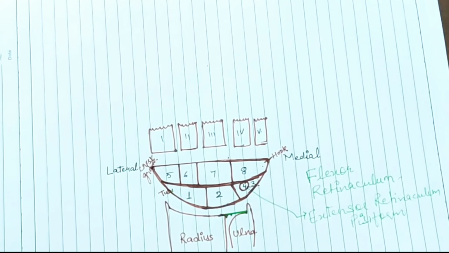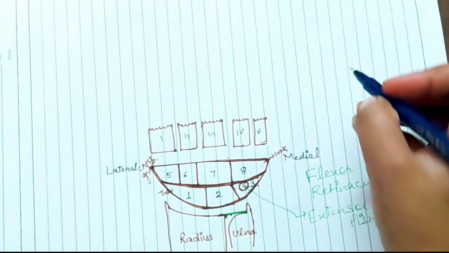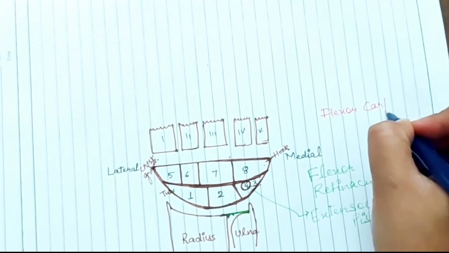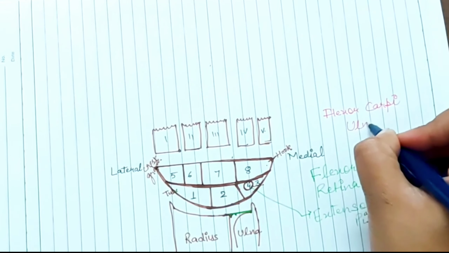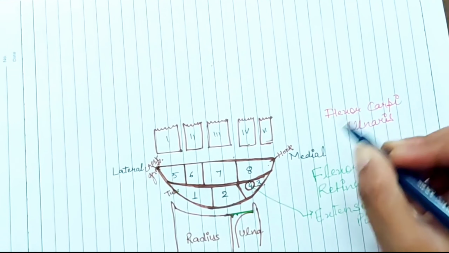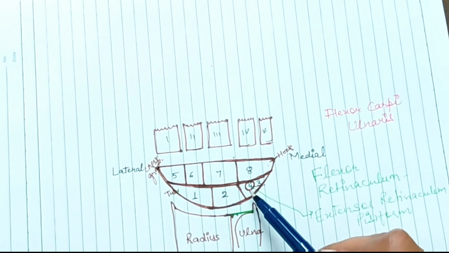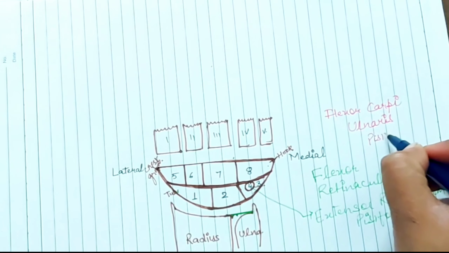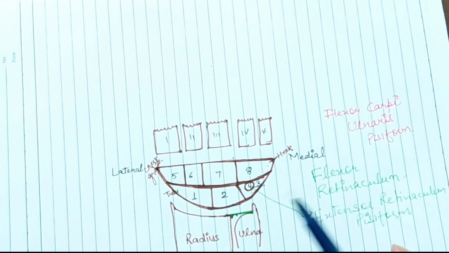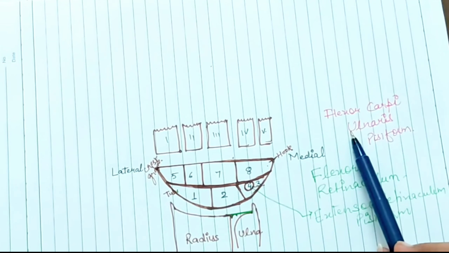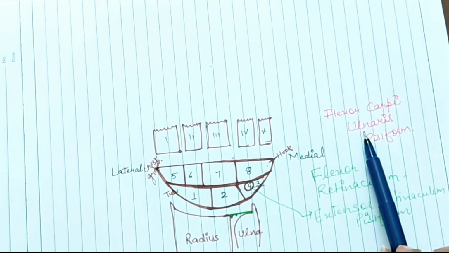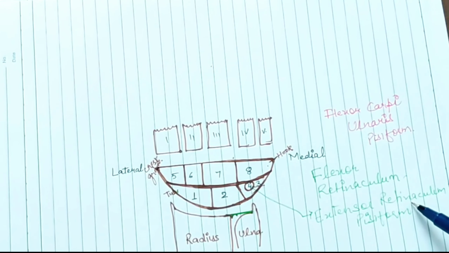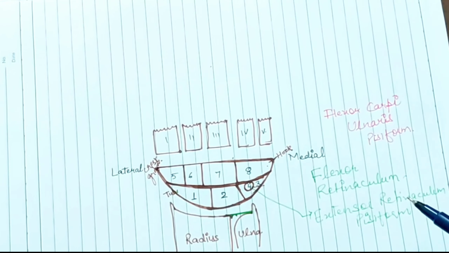Pisiform is a sesamoid bone developed in the tendon of flexor carpi ulnaris. So this muscle is inserted onto the pisiform, and it is also a sesamoid bone which develops in the tendon of this muscle. So pisiform gives attachment to flexor retinaculum, extensor retinaculum and flexor carpi ulnaris.